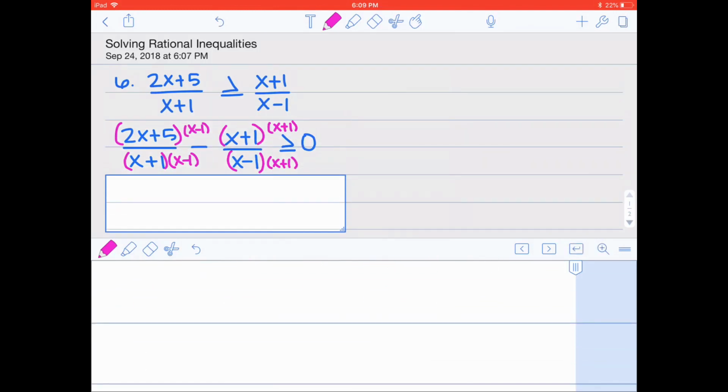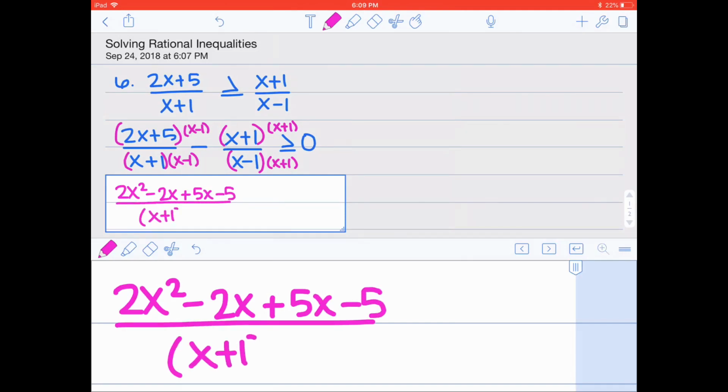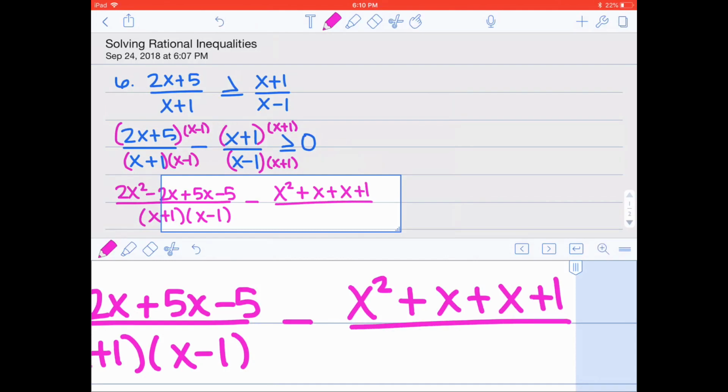When I FOIL everything out, the top of my first fraction is 2x squared minus 2x plus 5x minus 5, over that common denominator of (x plus 1)(x minus 1). And then I'm subtracting off the second fraction, and when I FOIL that, I get x squared plus x plus x plus 1.